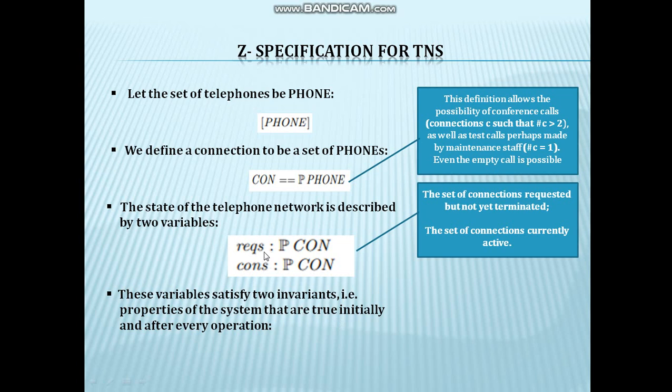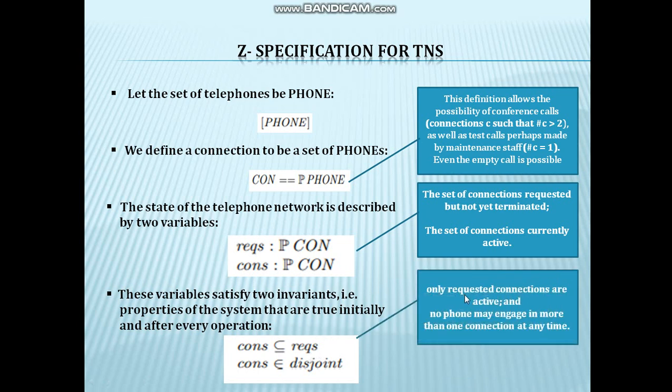These two variables have to satisfy two invariants. The first invariant says that cons is a subset of request. What does it mean? It means that only requested connections are active.